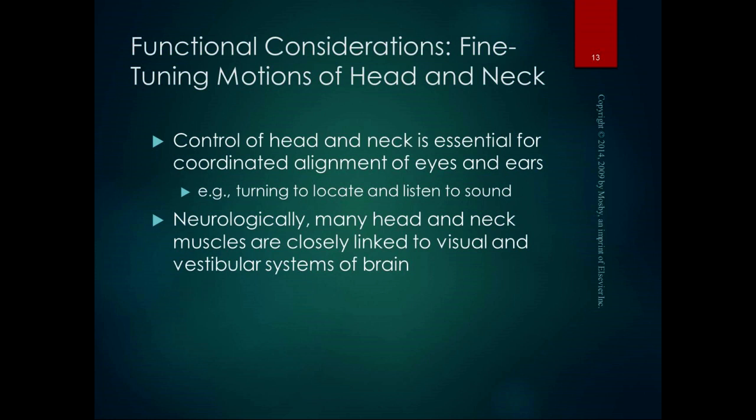So your eyes, your inner ear, and your proprioception. And we'll talk way more about this in neuro. So you have to be able to move your head and neck in order to adjust your visual and vestibular systems. Really super important to neurological function. So neck muscles, head and neck turning and bending muscles are super, super important in our function as human beings.